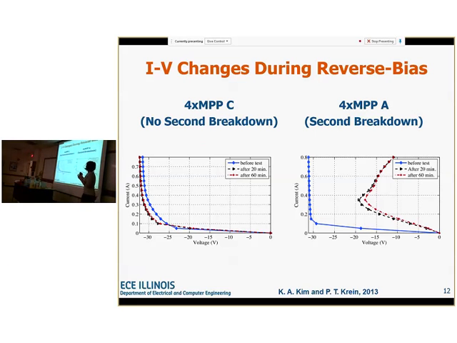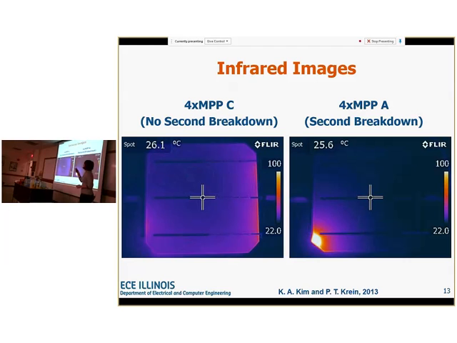If you're not an IV curve person, what's actually happening here is that, so this is a thermal image, and in the second breakdown one, all of the power is just going through this little corner. This is the hot spot within the cell.